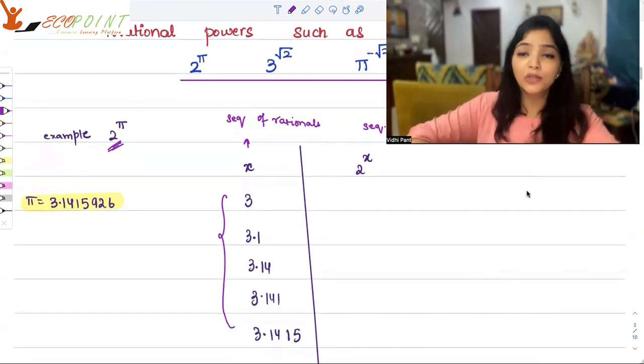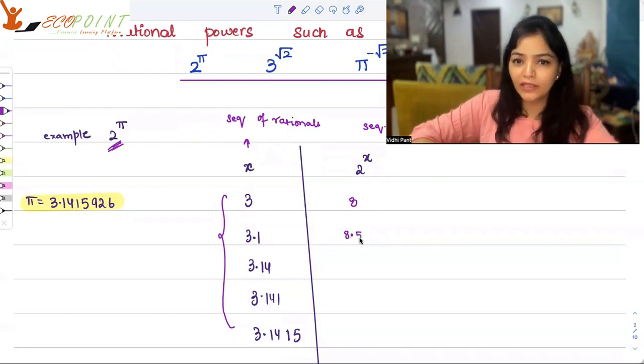So you will get 2 to the power 3, very simple, 8. 2 to the power 3.1, when I'm taking x as 3.1. Use your calculator and you will find that the value is 8.574188.